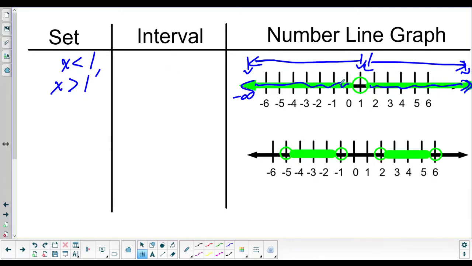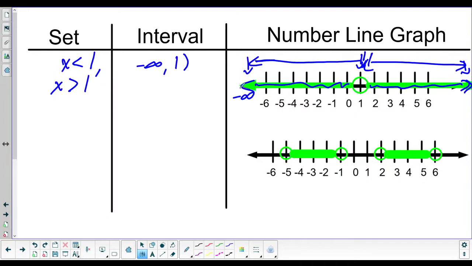So we're going to say this interval first. It starts at negative infinity. It just goes that way forever. And then it keeps going until this break. And this break happens at 1. We're not including the 1. There's an open circle, so it should get a parenthesis.